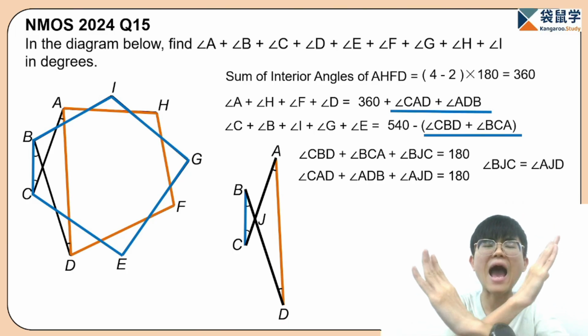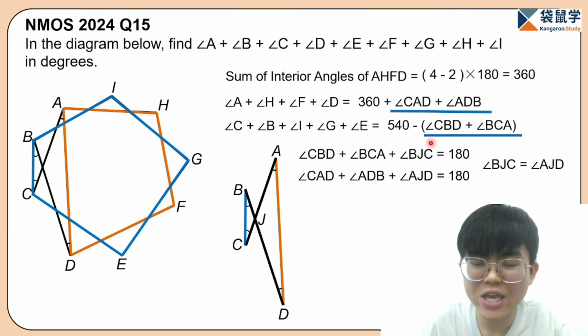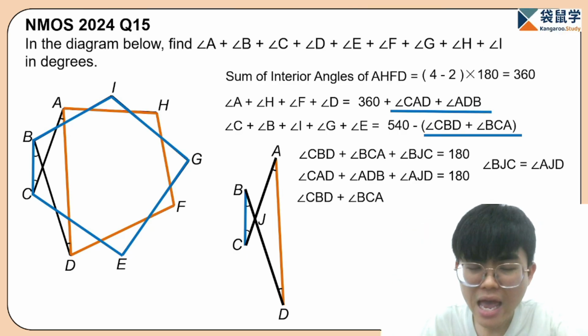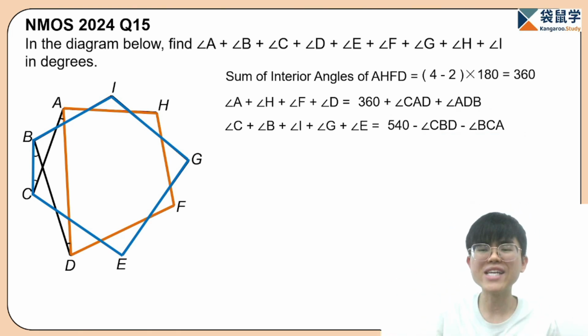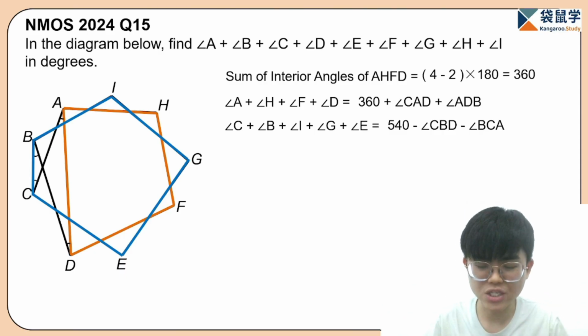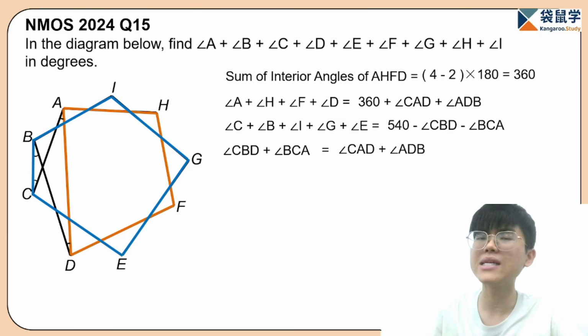We say that they are equal angles. So everyone, these 2 things, they are equal angles. So we can say that CBD plus BCA and also CAD plus ADB, these 2 things, they are equal. So everyone, you see, now that we know they are equal, we say that CBD plus BCA equals CAD plus ADB.